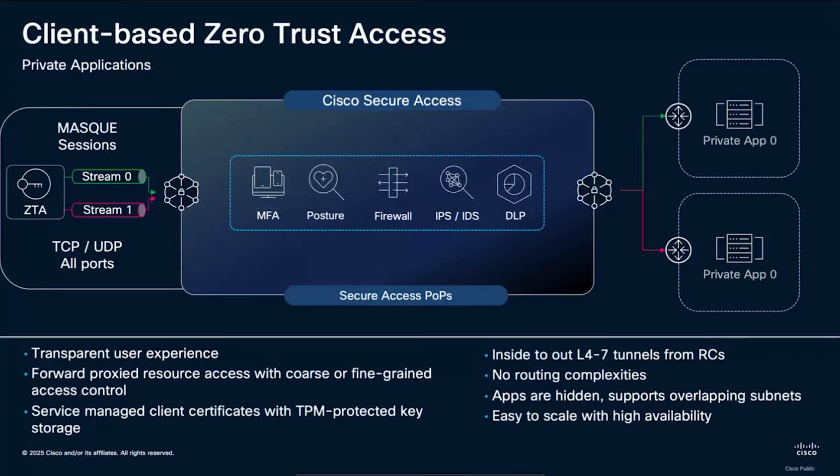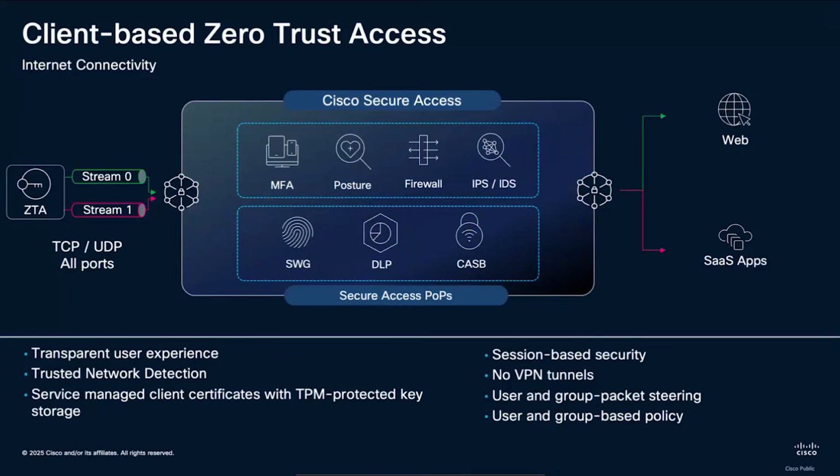So when it comes to internet access, there are some common features, for example the intrusion and the firewalling, but we can also add other features such as the secure web gateway, where we manage our end users' access to the internet based on website categories and on the reputation of the websites, and we manage this access to protect our data.